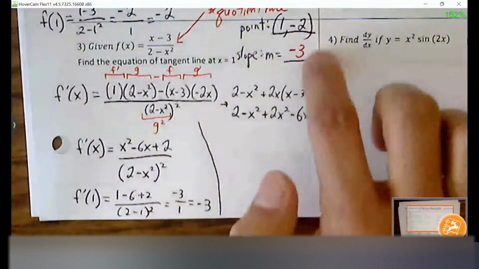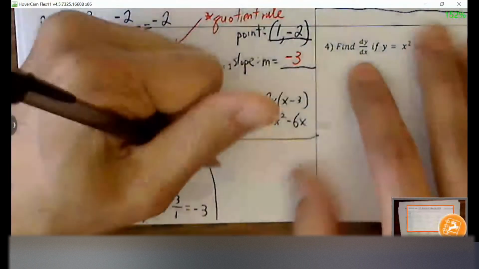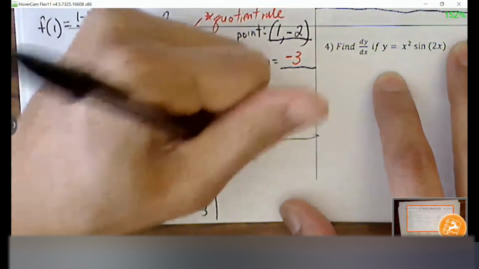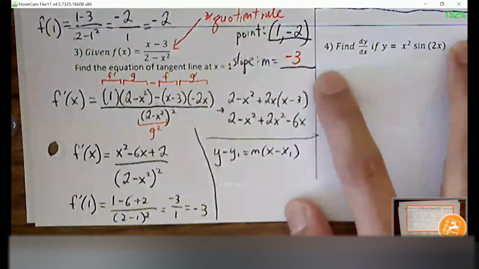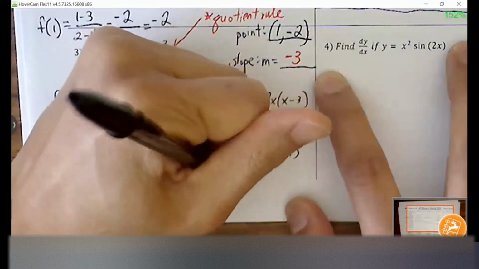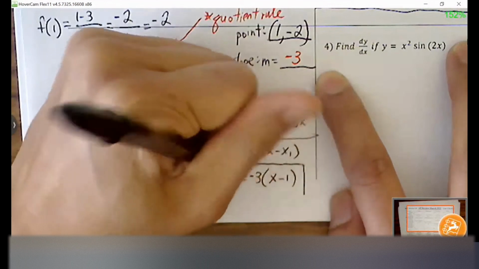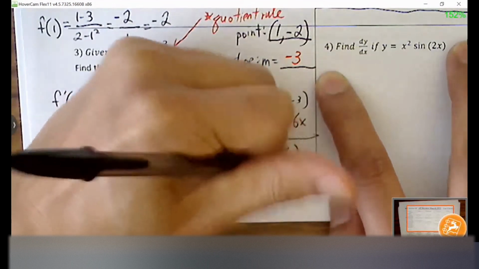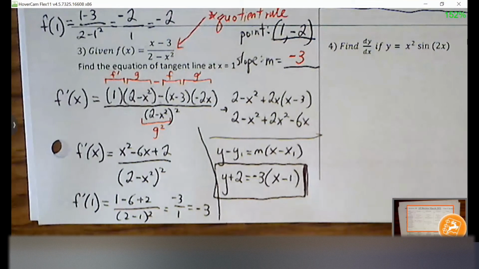Okay, there's my point, there's my slope, point slope form. Leave it in point slope form. I mean, you can go to slope intercept form, but you know, why continue working on the problem if it's already correct?